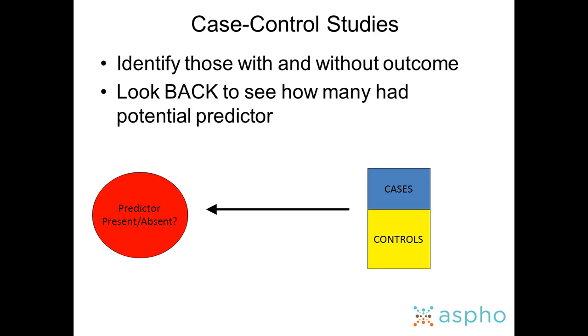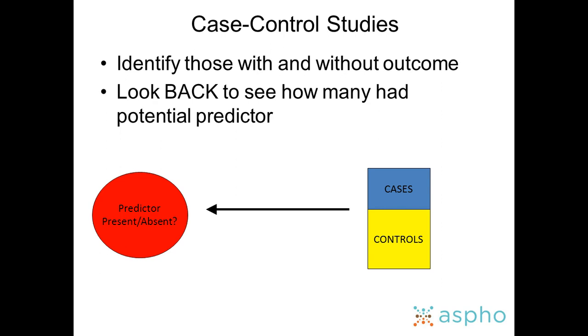So the next two study types, case control and cohort study, the key distinction is how you select your participants. In a case control study, we're selecting participants based on the outcome, not the exposure. So we identify those with and without the outcome, and then we look back to see how many had the potential predictor.